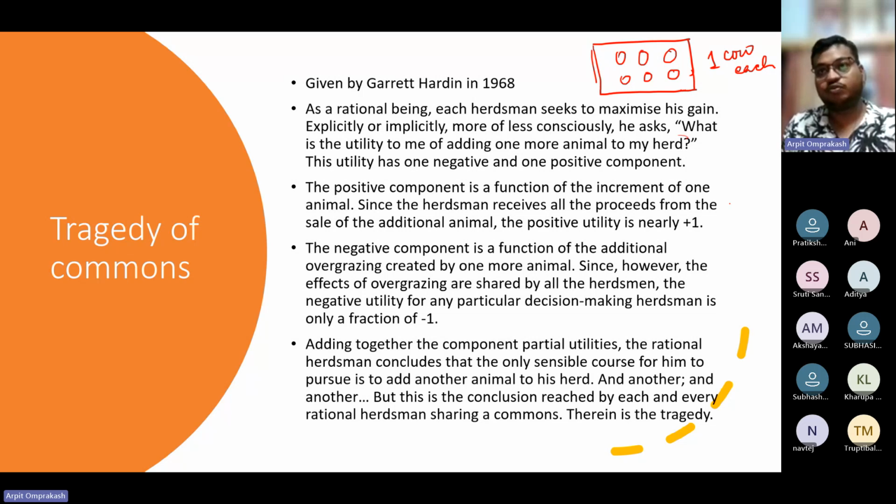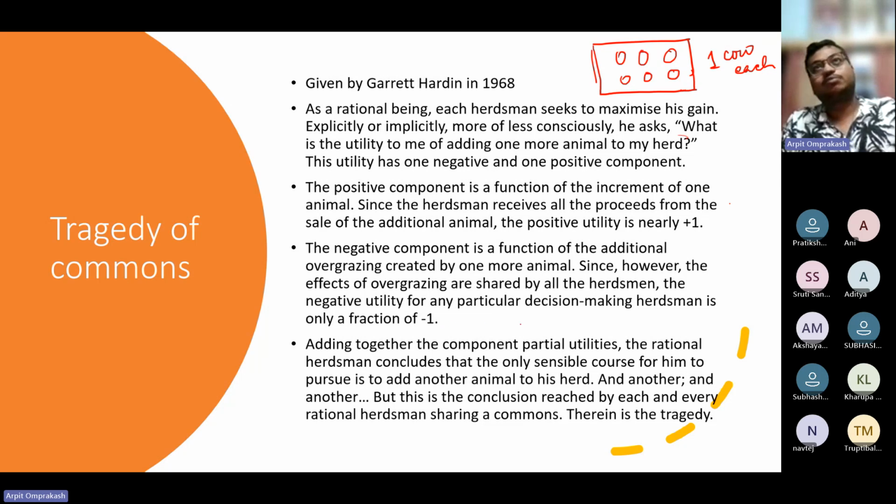So the utility or the benefit that I'm getting out of that animal is nearly plus one. Right. So 20 plus 20. 20 was the initial thing. I'm again getting 20. So the fraction that I'm increasing is plus one. The negative component is a function of the additional overgrazing created by one more animal. Since, however, the effect of overgrazing is shared by all the herdsmen, the negative utility for a particular decision-making herdsman is only a fraction of minus one.